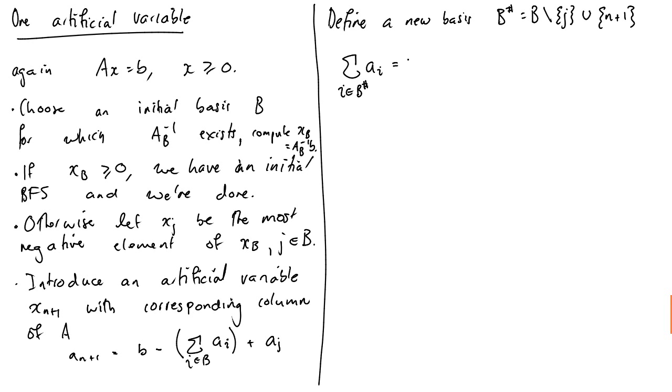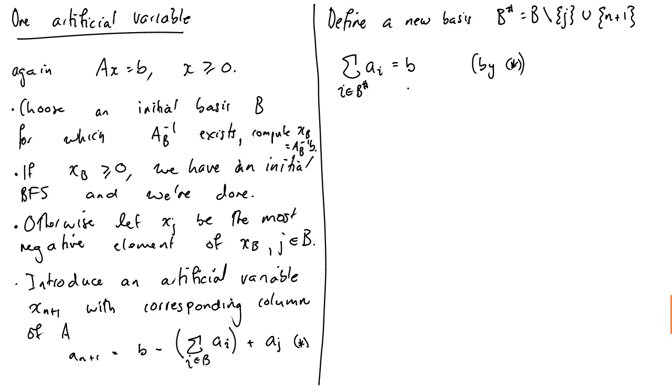You can see that by just plugging it in, by plugging in star. If you don't believe me, just plug it in and you'll see it comes out straight away.